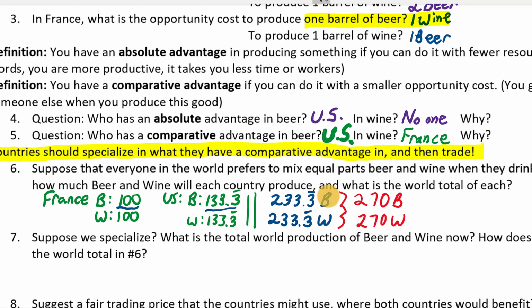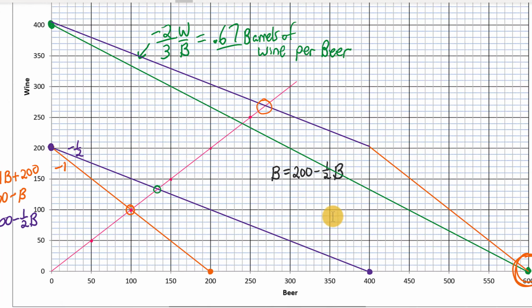So this is the big lesson that we want you to understand about why economists are so strongly in favor of international trade, is that everyone can produce more if we do it in the right way. And if everyone can produce more, everyone can be better off. Now again, this is not exactly the solution, 270, but from the graph we can see that it's pretty darn close to that. Now let's figure out exactly what that point is.